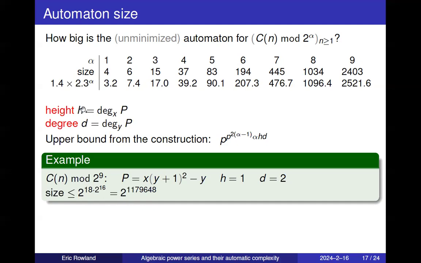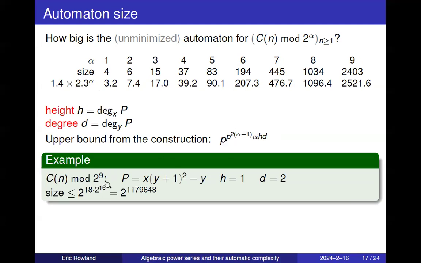If h is the x degree of p, called the height, and d is the y degree of p, where p is the polynomial that represents the algebraic sequence, then the upper bound from the construction is p to the 2 alpha minus 1. So it's really bad.